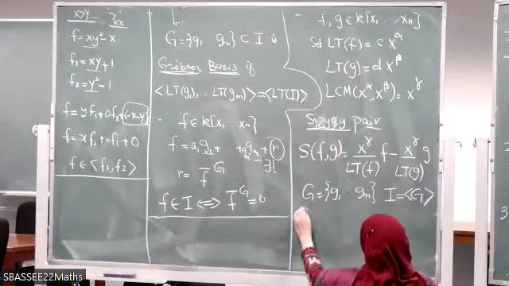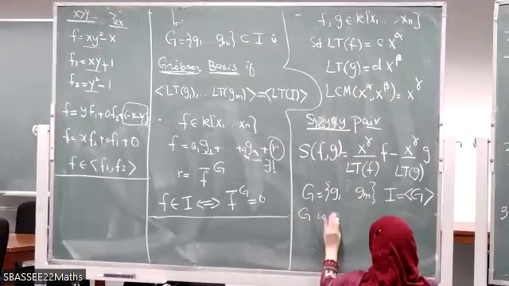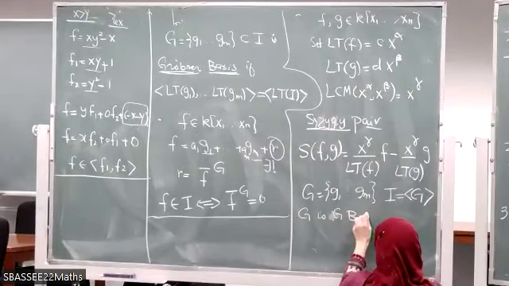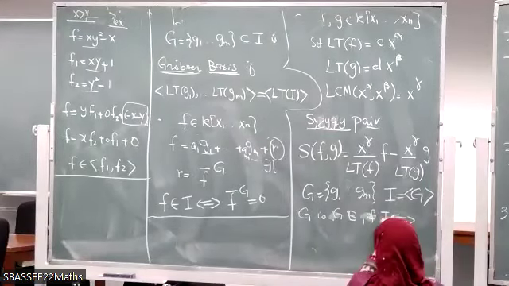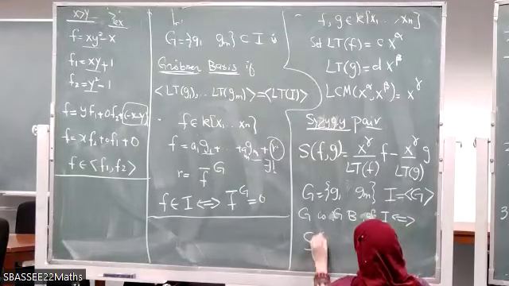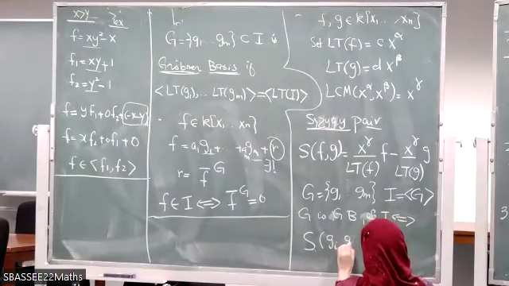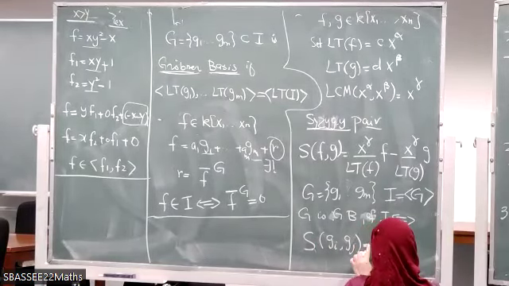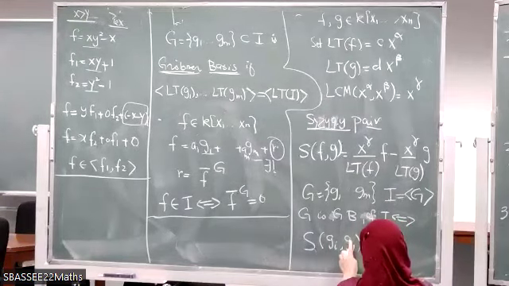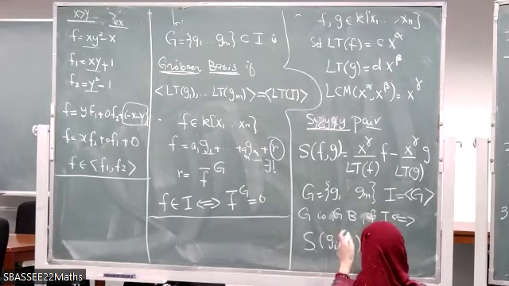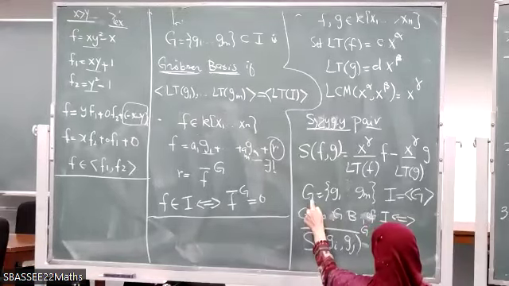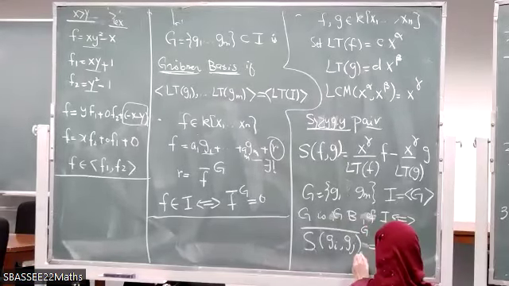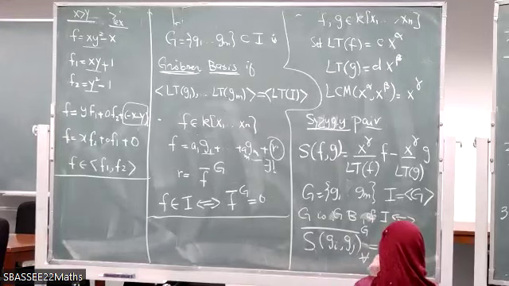So G is a Grobner basis of I if and only if the remainder of this CZG pair of g_i, g_j must be equal to 0 when you are dividing by this G, for all i, j.